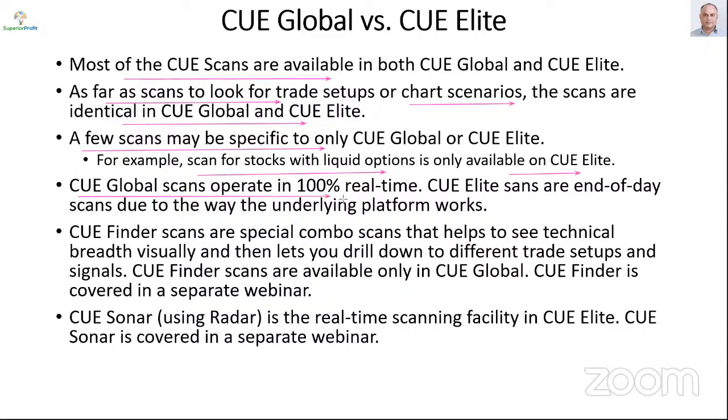Q Global scans operate in 100% real time because Metastock Explorers work in real time. Q Elite scans are end-of-day scans because the underlying platform TradeStation scans are working only after the bar is closed.